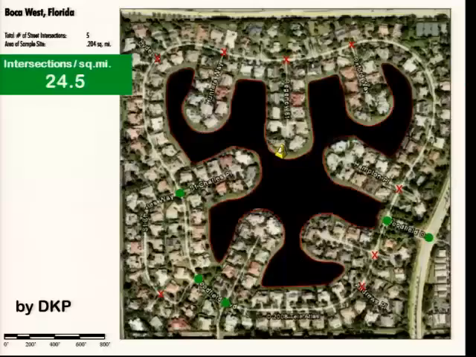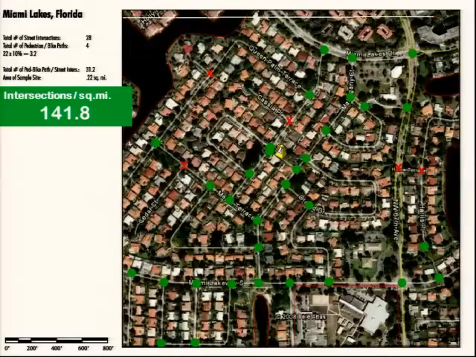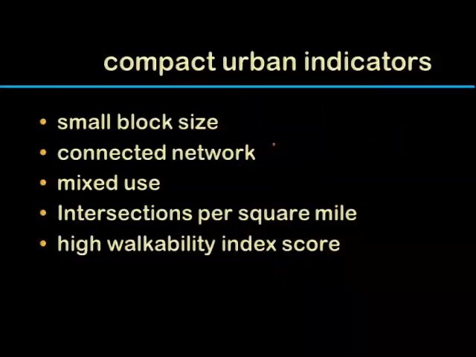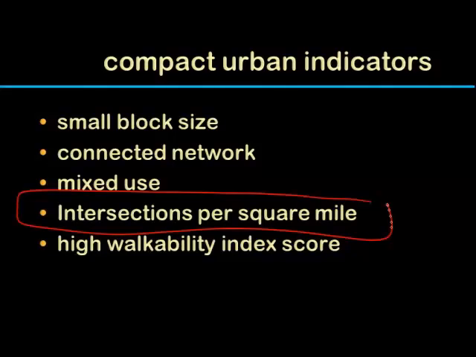Let me do this very quickly. One of the measures of compact urban, so you say, all right, we do compact urban versus suburban, how do we tell the difference? And I'll just go into one of the measures right now. This one, intersections per square mile, highly related to block size.